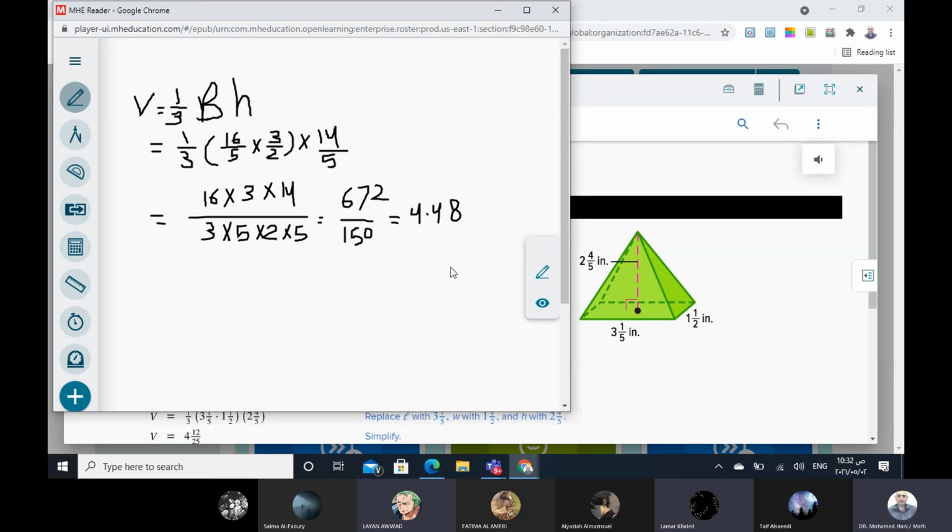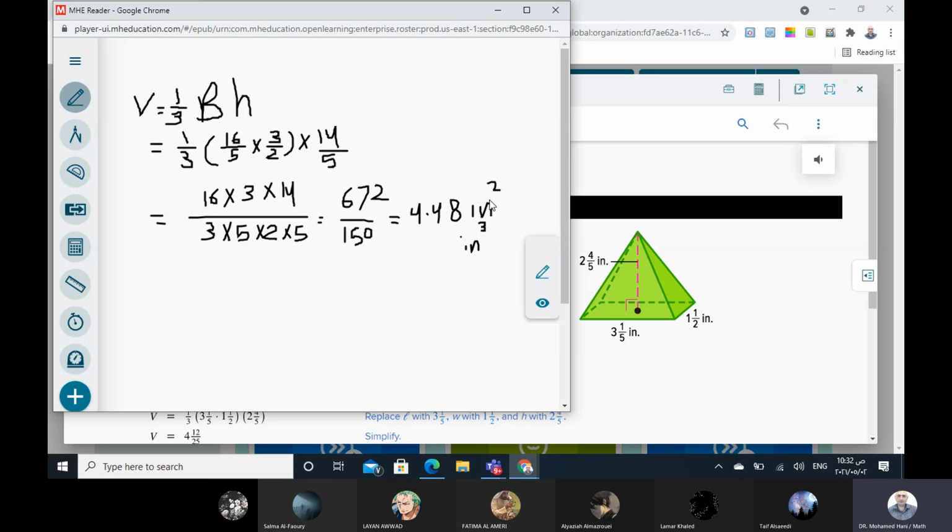Inch squared. Inch squared or inch cube? Inch cube, inch cubic. Don't forget, for volume we have three dimensions: width, length, and height. So exponent 3, cubic.